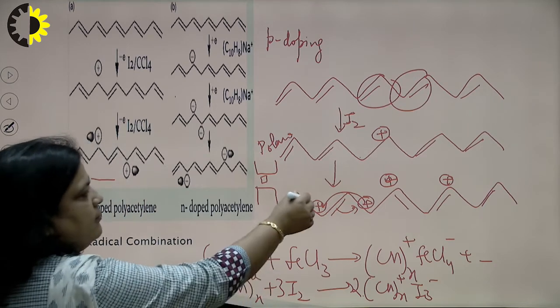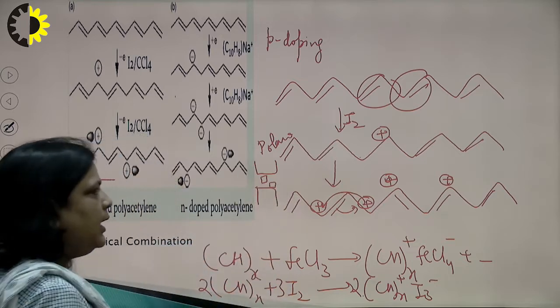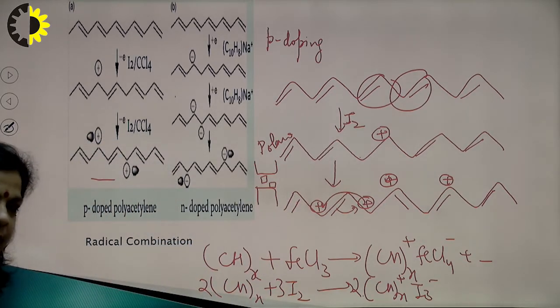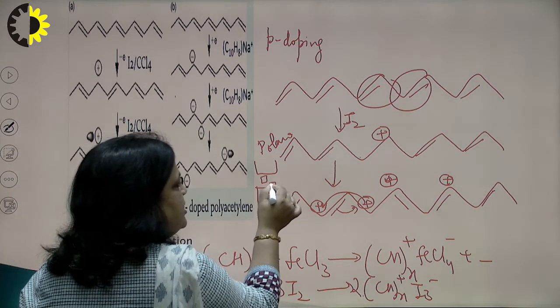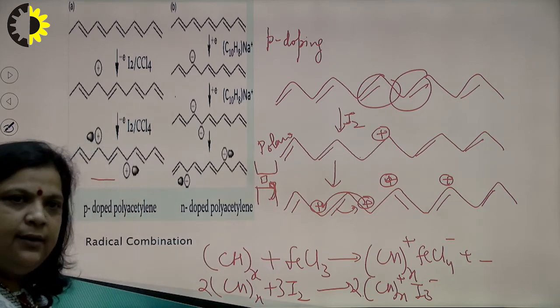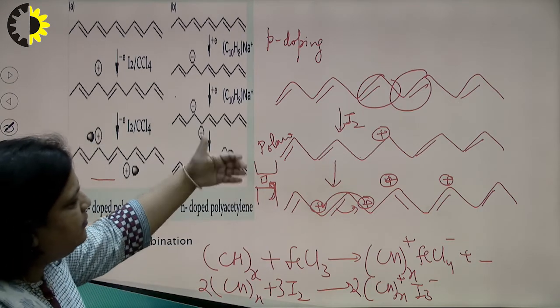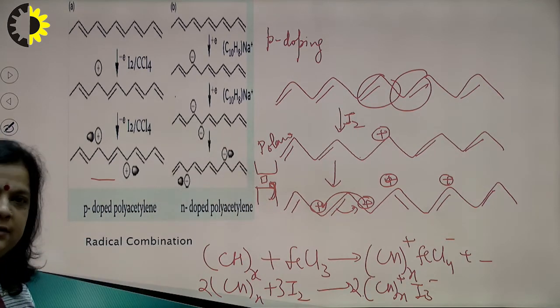Again by oxidizing, a hole also gets developed, which allows the facile movement or jump of electron from valence band to this side. So, the electron will easily move from here to there, that is, the conductivity gets increased.